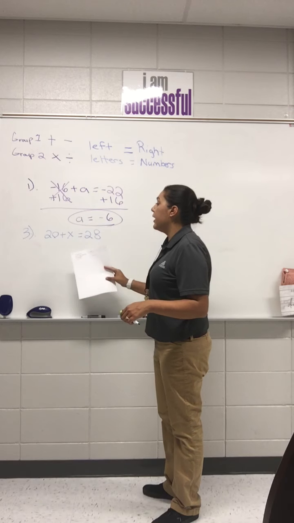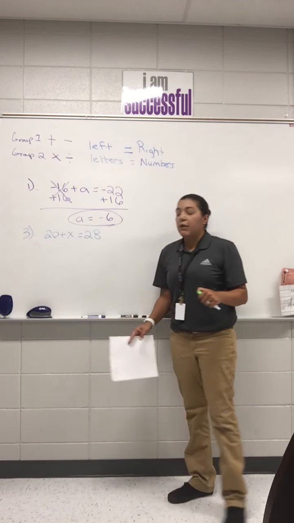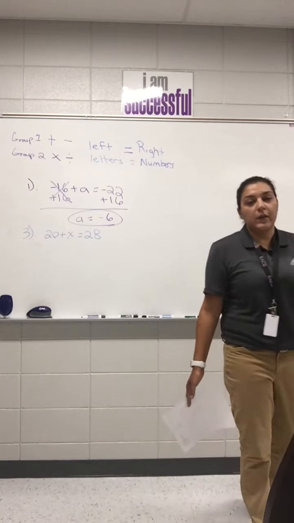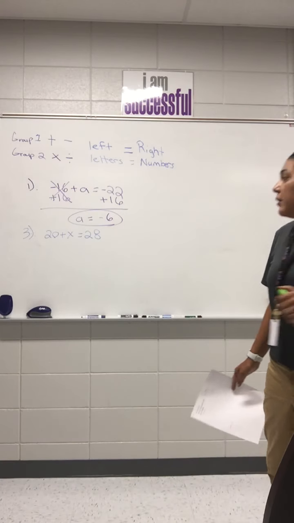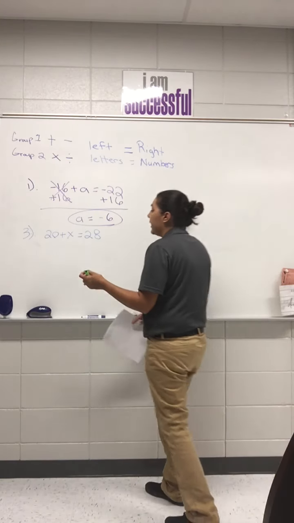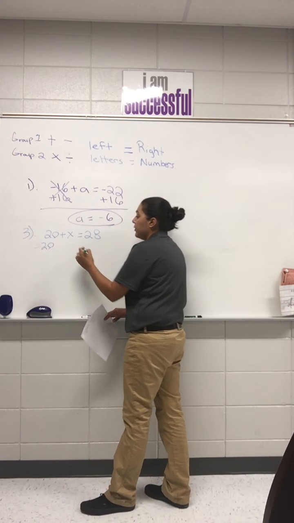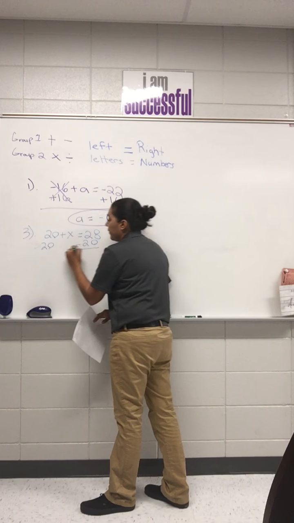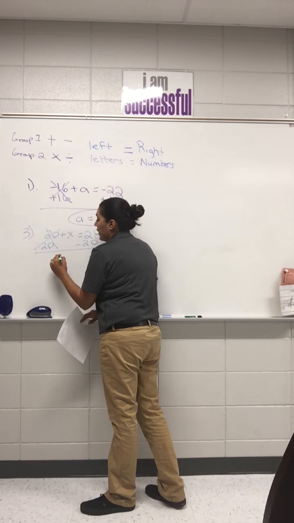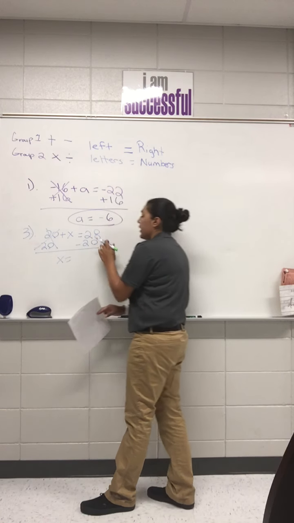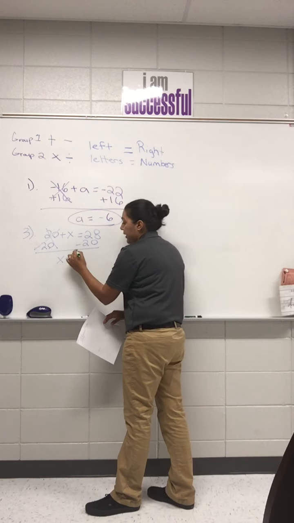The 20. And what kind of 20 is that right now? Is it a plus 20 or is it a minus 20? Plus. It's a plus, so its buddy is going to be minus, because we do the opposite. If we do it to one side, we have to do it to the other side. So you got x equals 28 minus 20, which is just going to be 8.